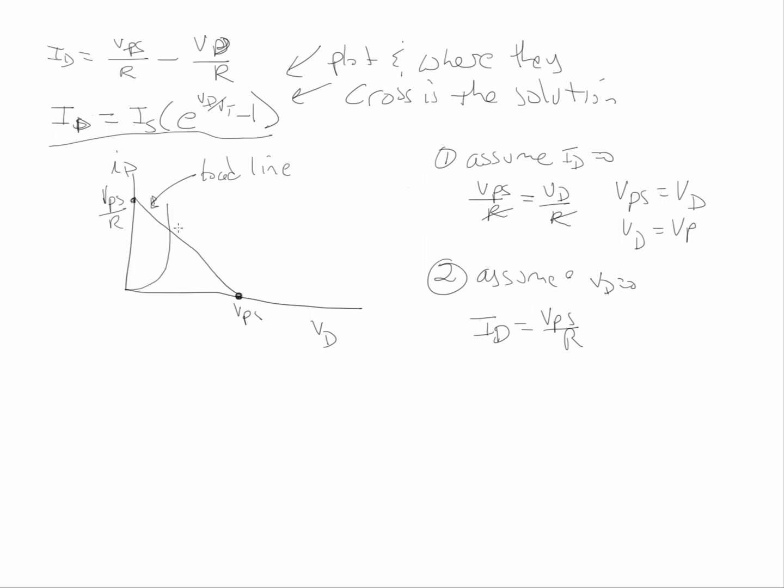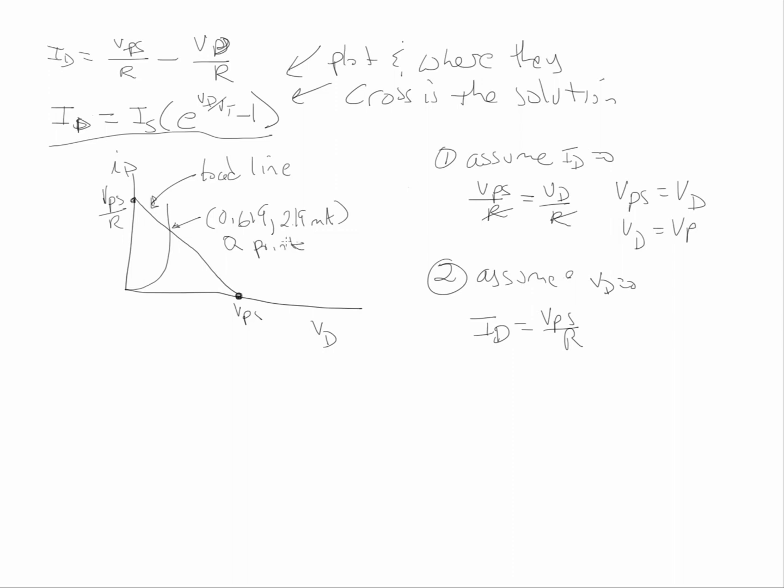And so where they cross is your solution, which they give you as a VD of 0.619 volts and 2.19 milliamps.